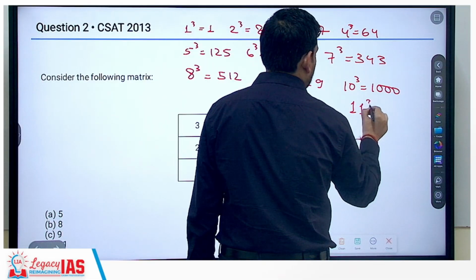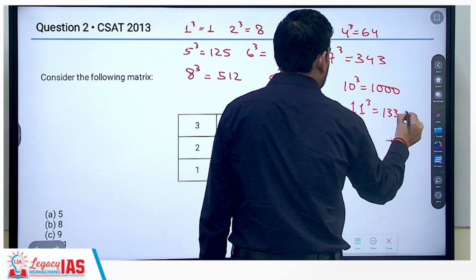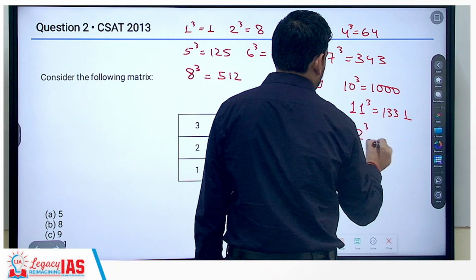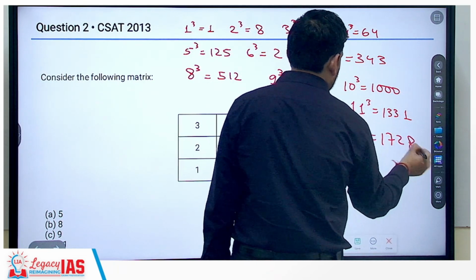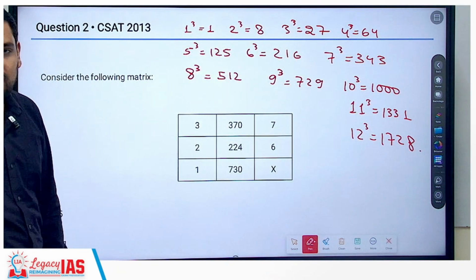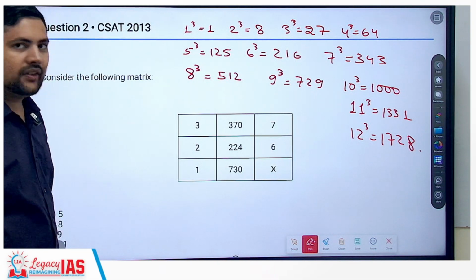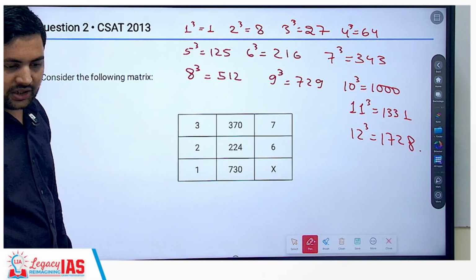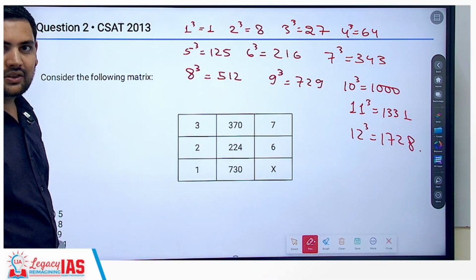Last, 11 cube is 1331, and 12 cube is 1728. These are the cubes that you should remember. Okay, now once you remember these cubes, you can see the pattern also.